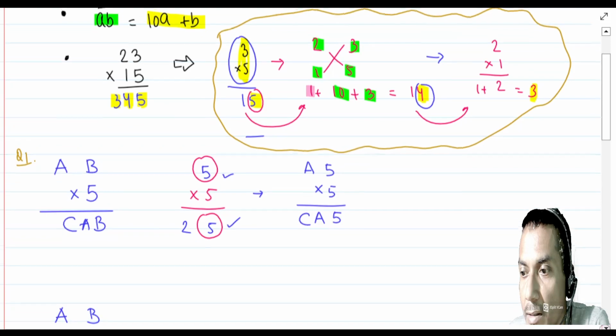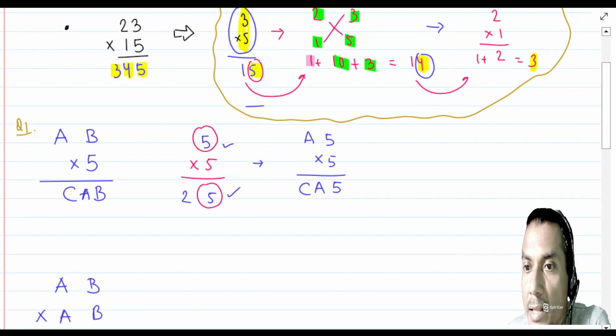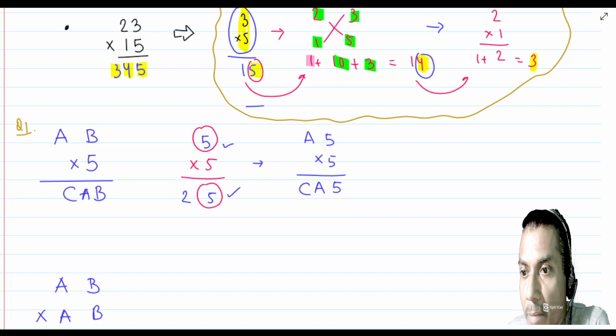How can we do that? Now we apply the concept of multiplication. A5 into 5 gives the value CA5.